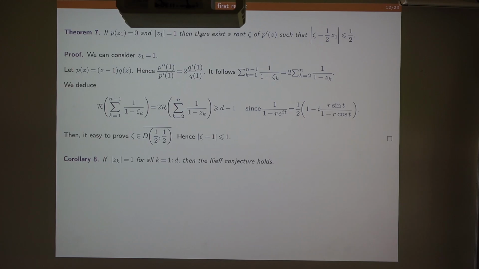And if you have that, then there exists a root of the derivative in this disk, a root of the derivative satisfying this inequality.